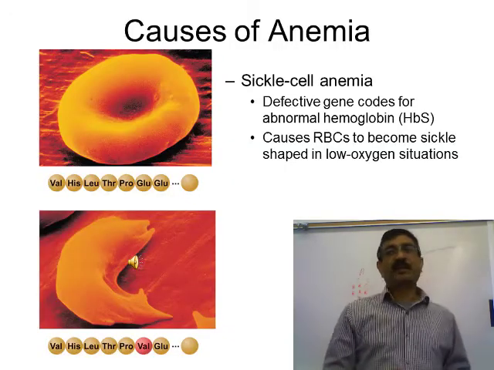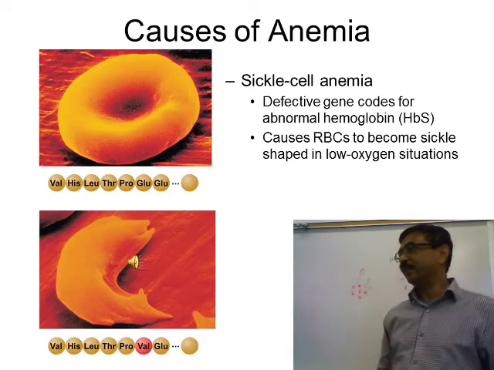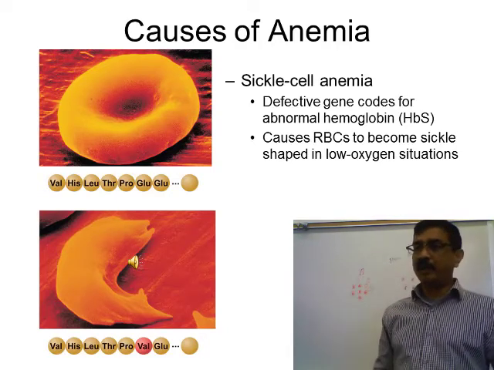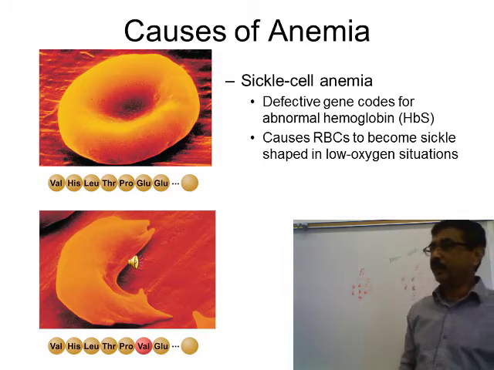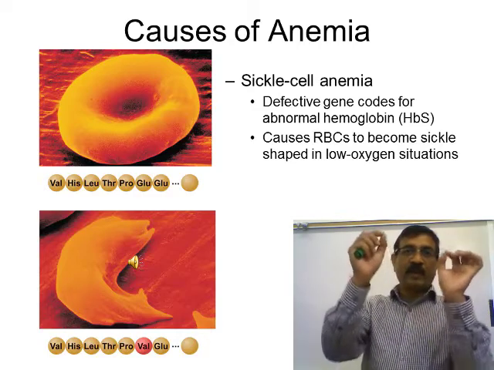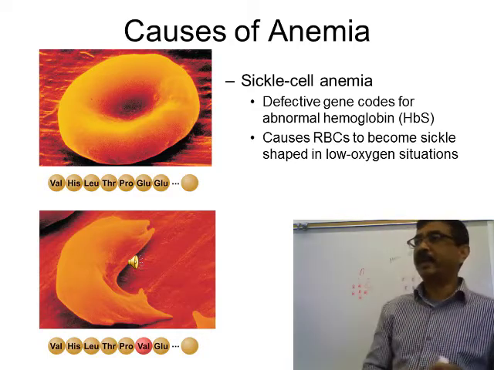Have you heard the word sickle? Anybody? Sickle? Carved knife, right? Knife-like thing that farmers use. So, if the glutamate is replaced by valine in the globin chain, that will make that hemoglobin abnormal. What will happen? The hemoglobin will get hard like a crystal and both ends will be pointed and the hemoglobin will be curved like a sickle.